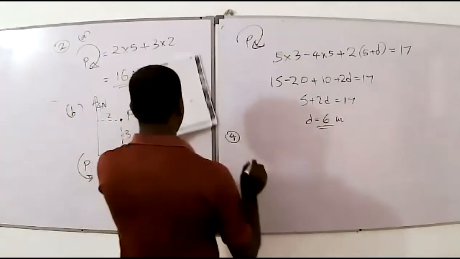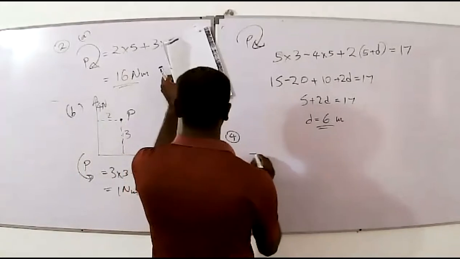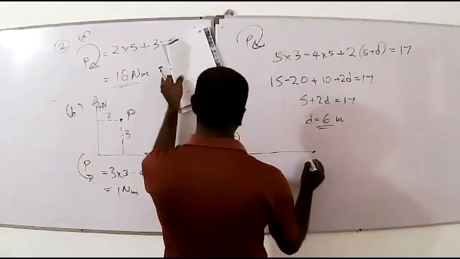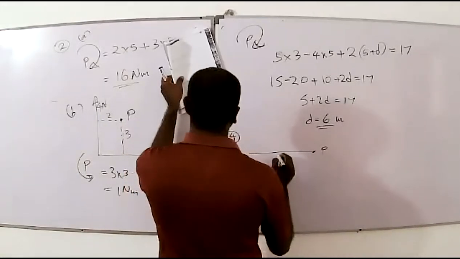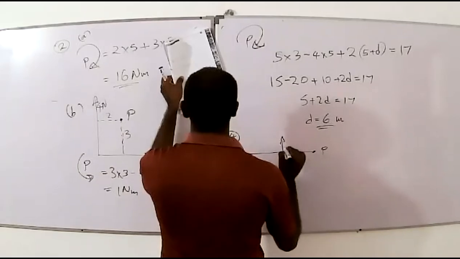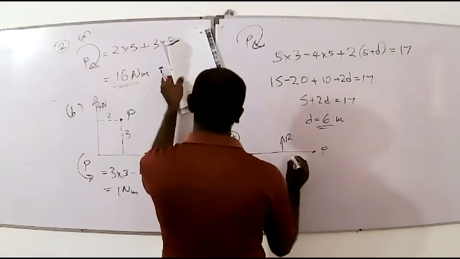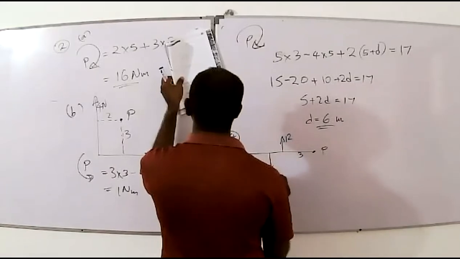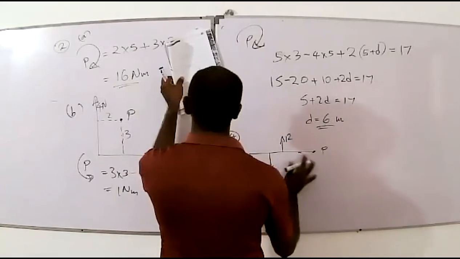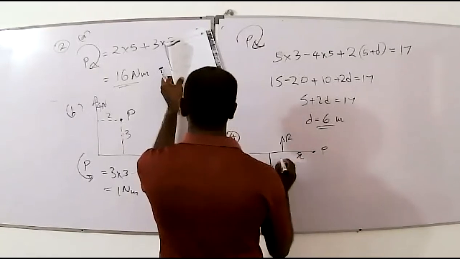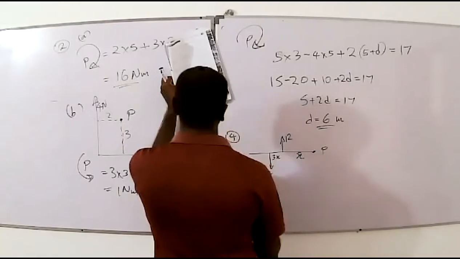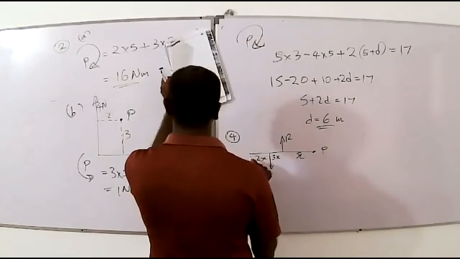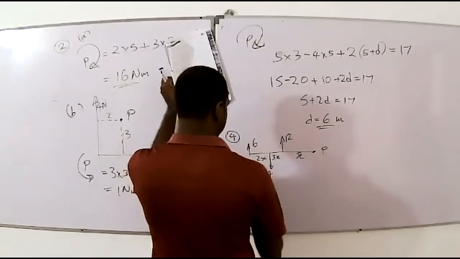Question number 4. You don't need to draw these graphs. So when you are dealing, you just take another point. Here 12, 3, 4, 4, 2x. And here we have 3x. And again 2x. And this is 6.